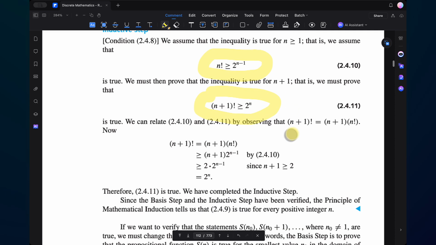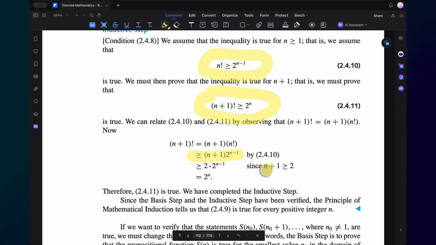Here comes the proof. So you just write down the equation. In this case, n plus 1 factorial is equal to n plus 1 times n factorial. Now, we know from our assumption here that n factorial is larger than or equal to 2 to the n minus 1. So that allows us to write this inequality down. Now watch this.